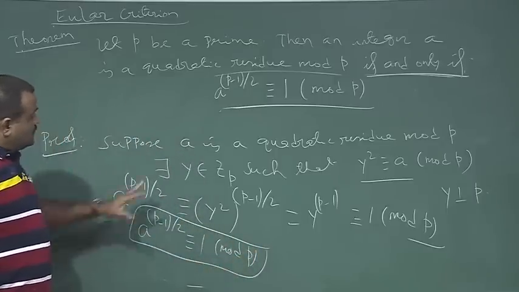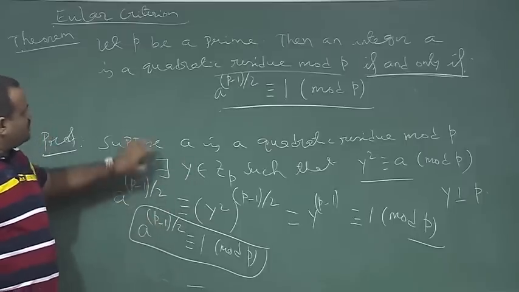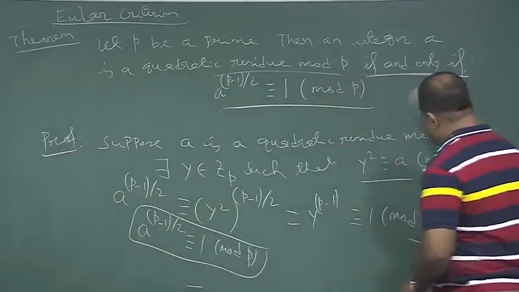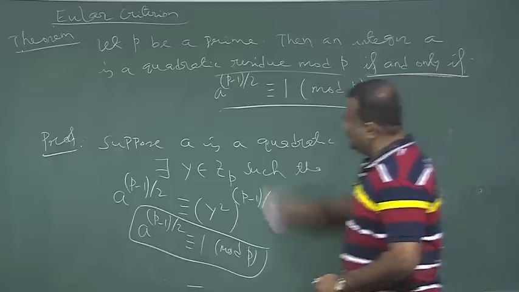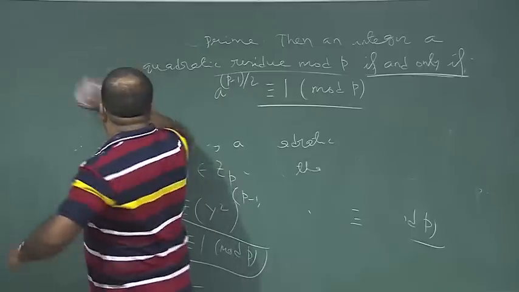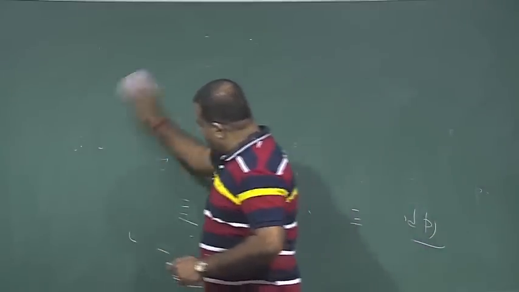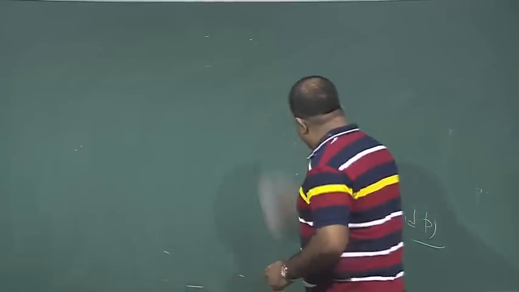Now, the reverse. Suppose this is true, then we have to show A is a quadratic residue. So, we have to assume this condition is satisfied, and then show that A is a quadratic residue.